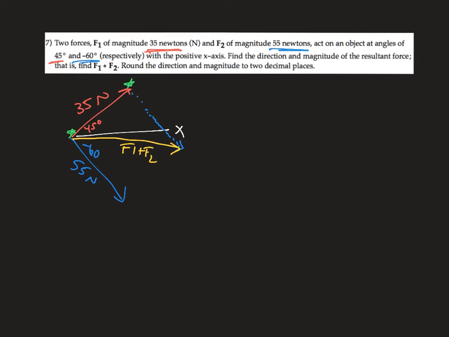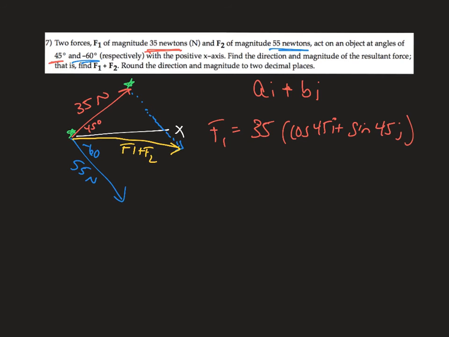What we need to do is get each of the vectors into component form. We're going to use the formula from the previous two examples. So the first force vector is 35 newtons, because that's our magnitude, times the cosine of 45 i plus the sine of 45 j.